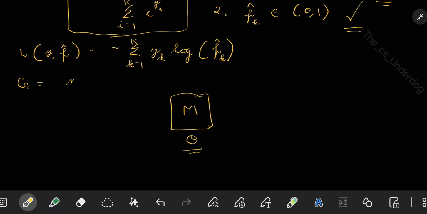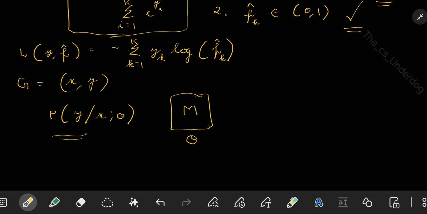That is, you have training data x, y, where x is the input and y is the output one-hot vector. Then your theta, the model parameters, should be such that it will maximize the chances of seeing this data. That can be written mathematically as the probability of y given x, theta should be as high as possible.